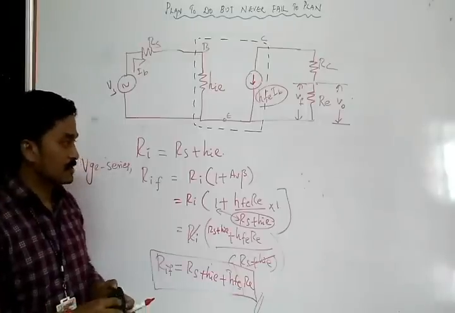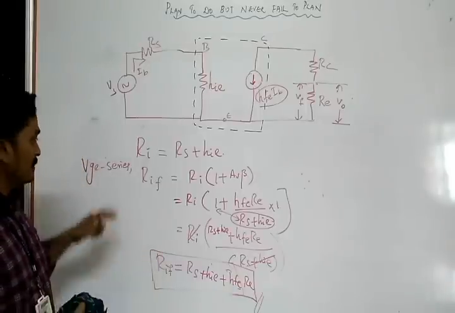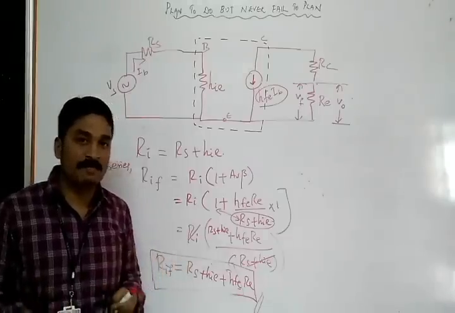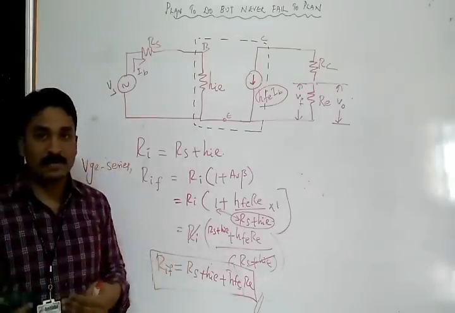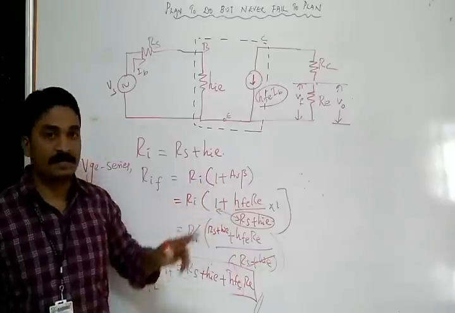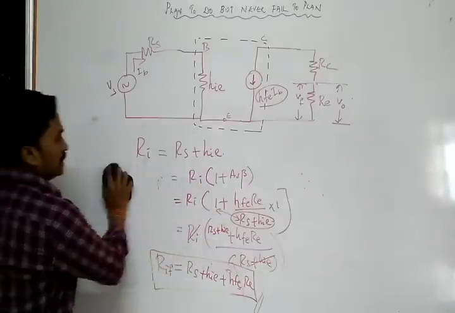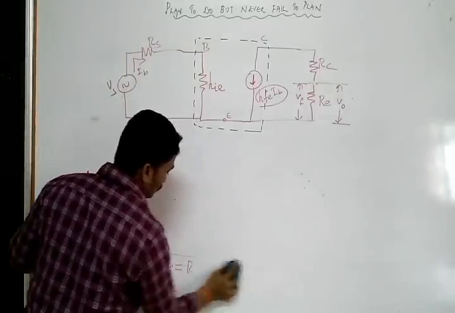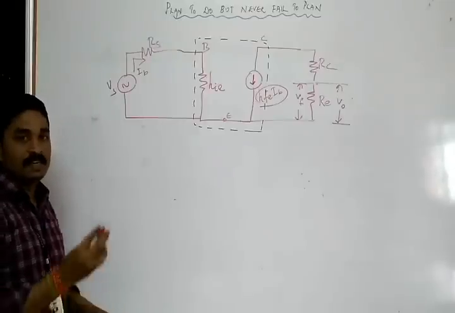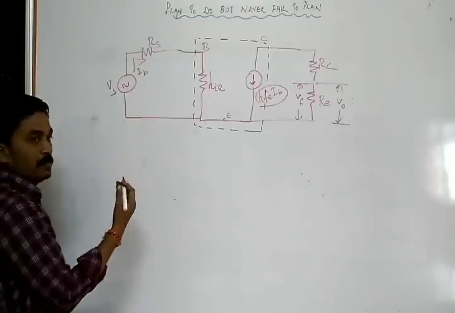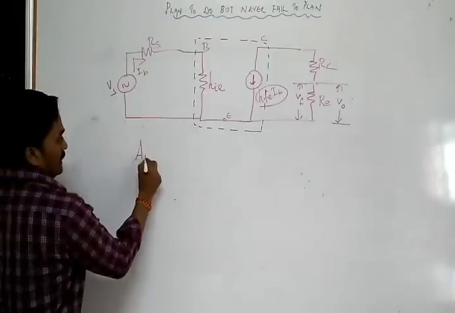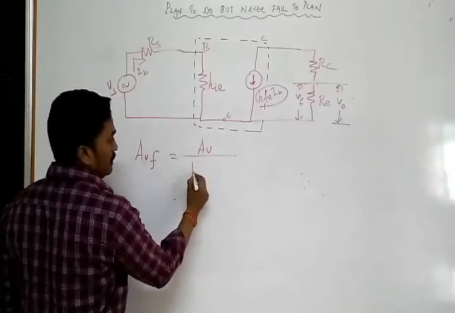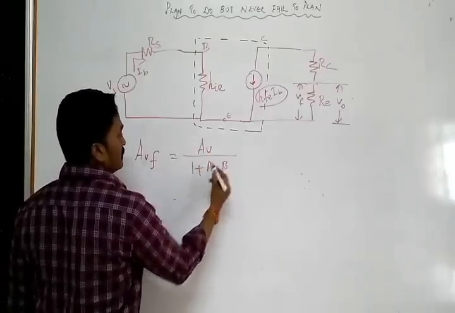Next we'll see what is the voltage gain of a feedback amplifier by using the same 1 plus AV beta. In normal negative feedback amplifiers, voltage gain reduces by a factor 1 plus AV beta. If something reduces in the feedback amplifier, we already discussed that the reduction is because the 1 plus AV beta term divides the actual value. So for example, AVF is the original value AV reduced by a factor 1 plus AV beta.